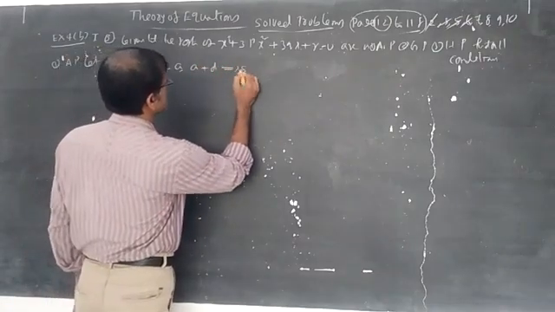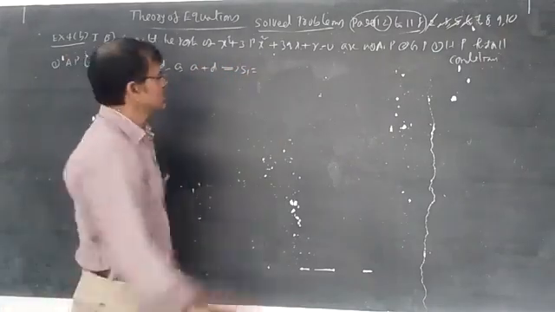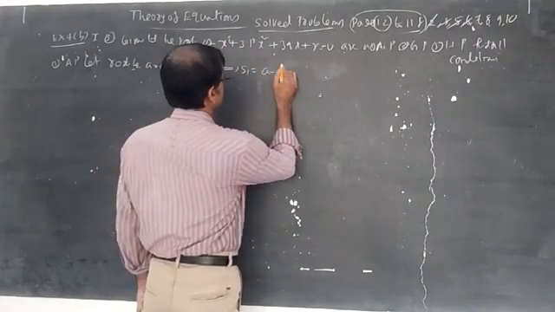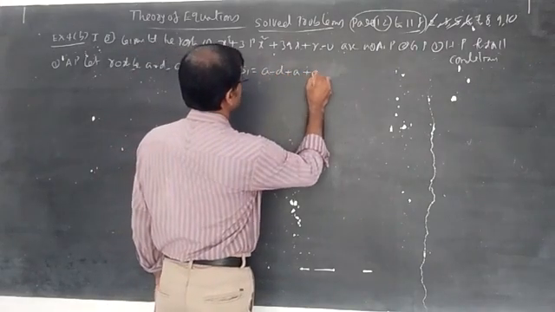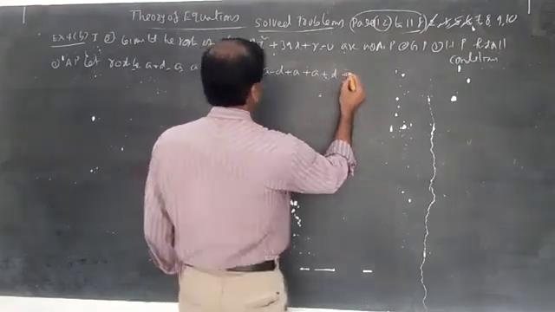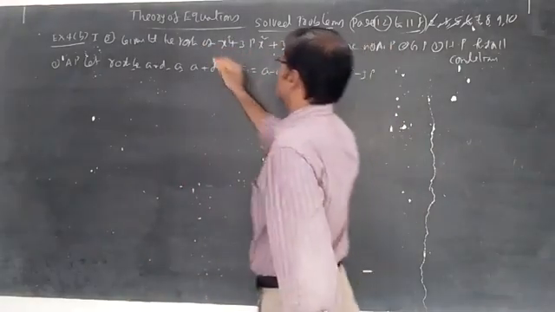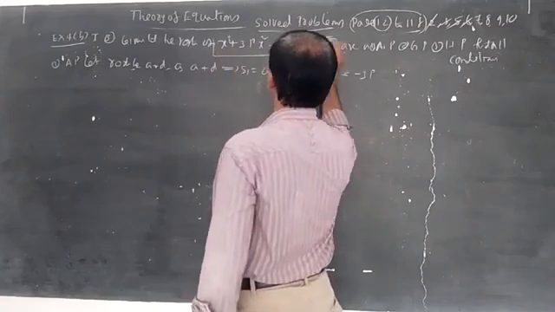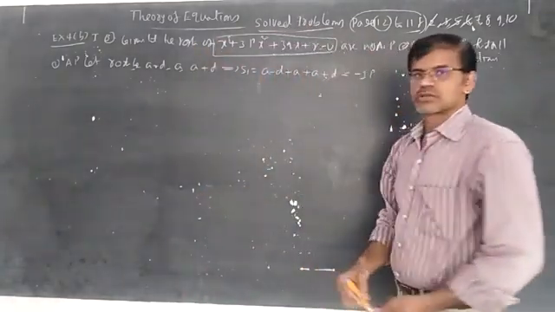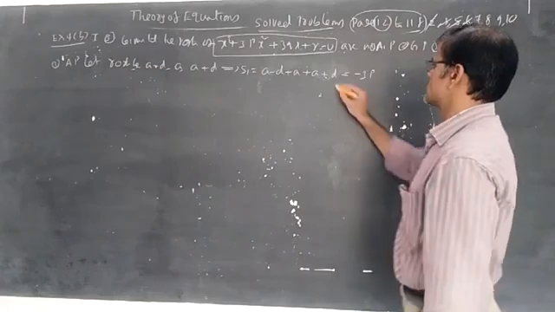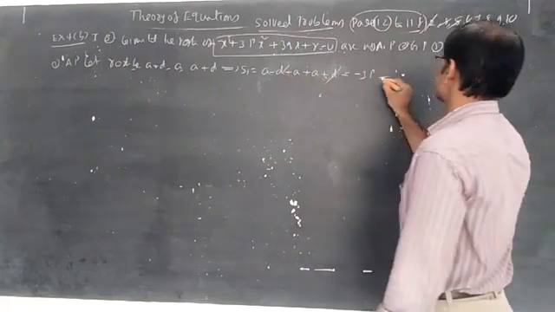That implies S1 you can write. Sum of roots, a minus d plus a plus d, is equal to minus 3p, for the equation f of x is equal to x cube plus 3px square plus 3qx plus r. Here the d terms cancel.